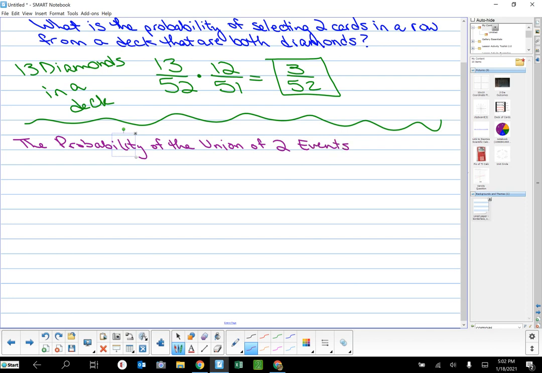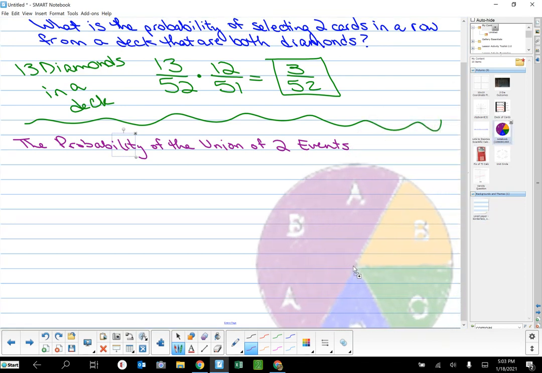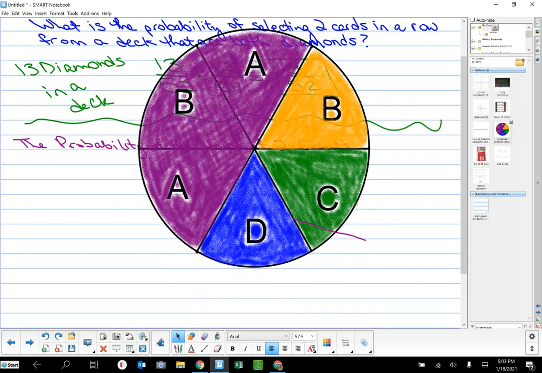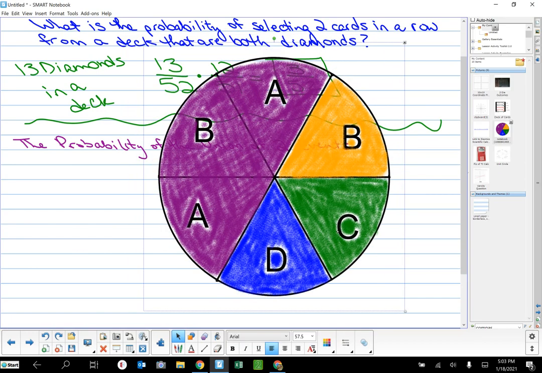Okay, so we're going to look at this spinner right here that I made. We're going to make that spinner a lot smaller. Let's get rid of that. What was that little? Let's get rid of that little guy. Let's make this dude smaller. Woo!